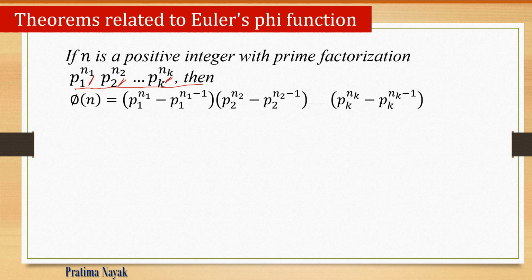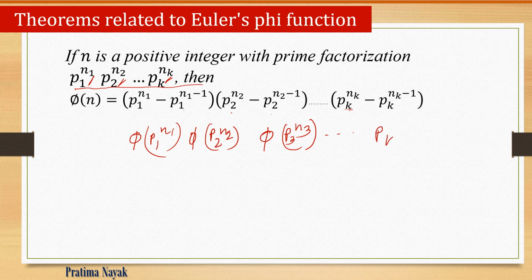It will be p1 power n1 minus p1 power n1 minus 1, individually for all: p2 power n2 minus p2 power n2 minus 1, up to pk power nk minus pk power nk minus 1. That means this is the same as phi of p1 n1 multiplied by phi of p2 n2, phi of p3 n3, and so on up to phi of pk nk.